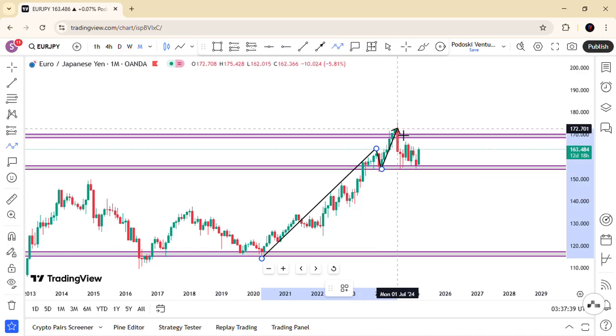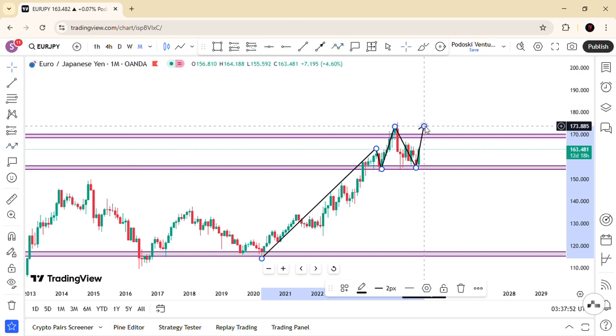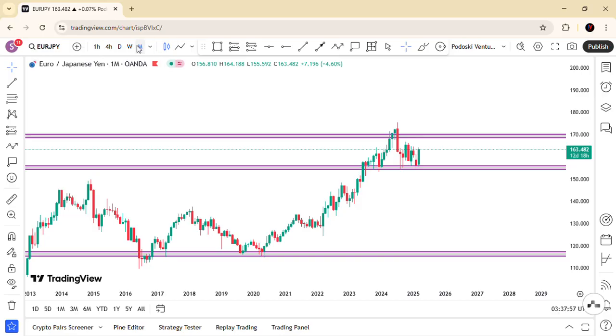It went all the way, touching the monthly high and dropping all the way to the previously created demand zone. And after that, you will see the buying pressure it's getting from there all the way up. So let's go to the lower time frames and look for buying opportunities on EURJPY.